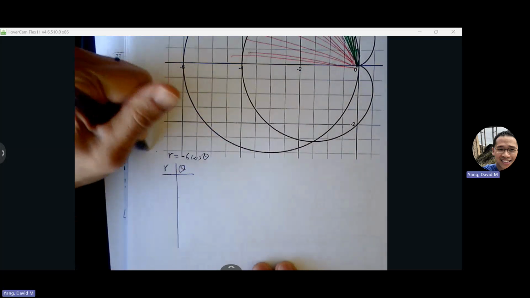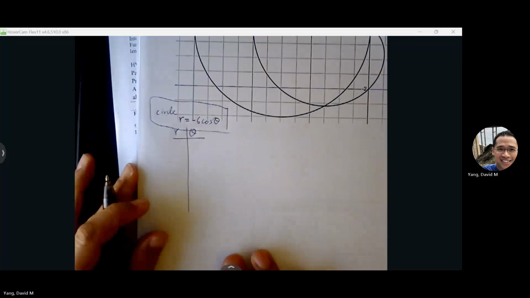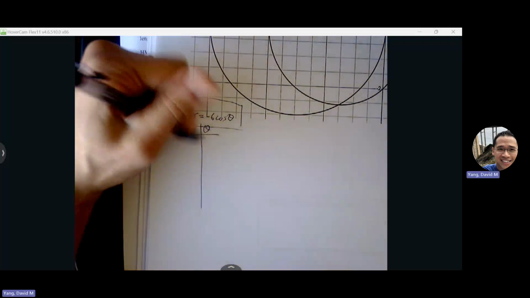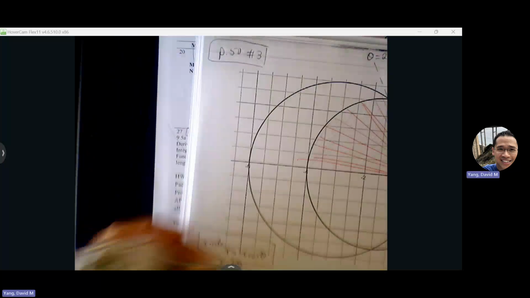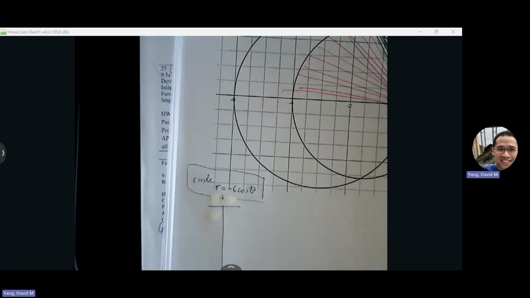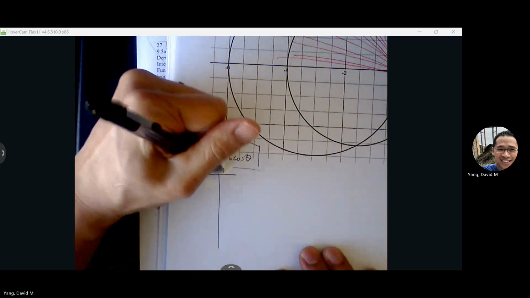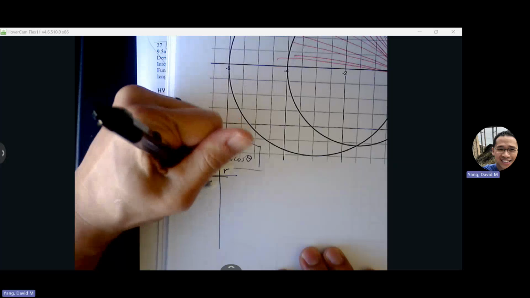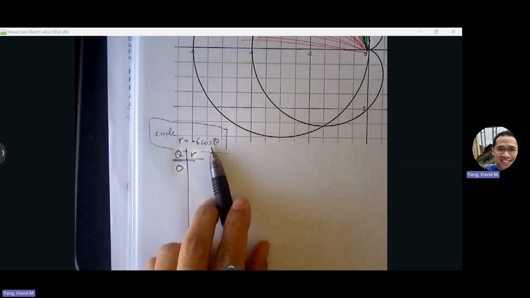That's my circle. And if we start off with theta 0, my bad, the independent variable is theta. I typically do theta, comma r. So if we start off at 0, what's r going to be?